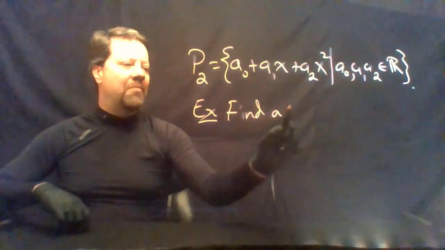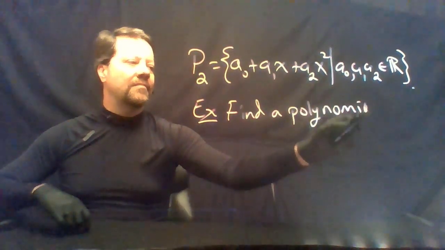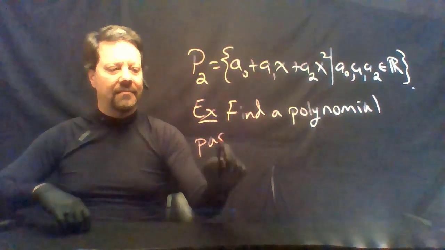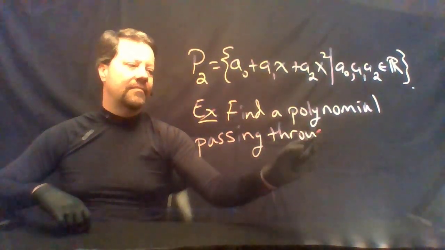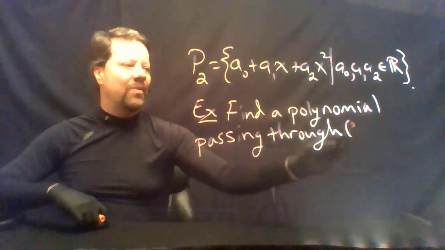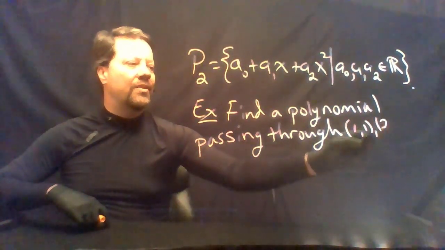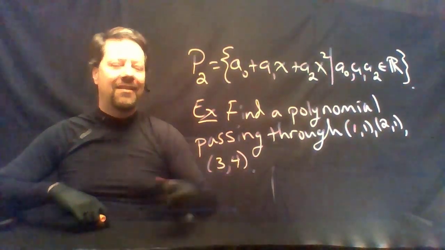Let's find a polynomial passing through the points (1, 1), (2, 1), and (3, 4).